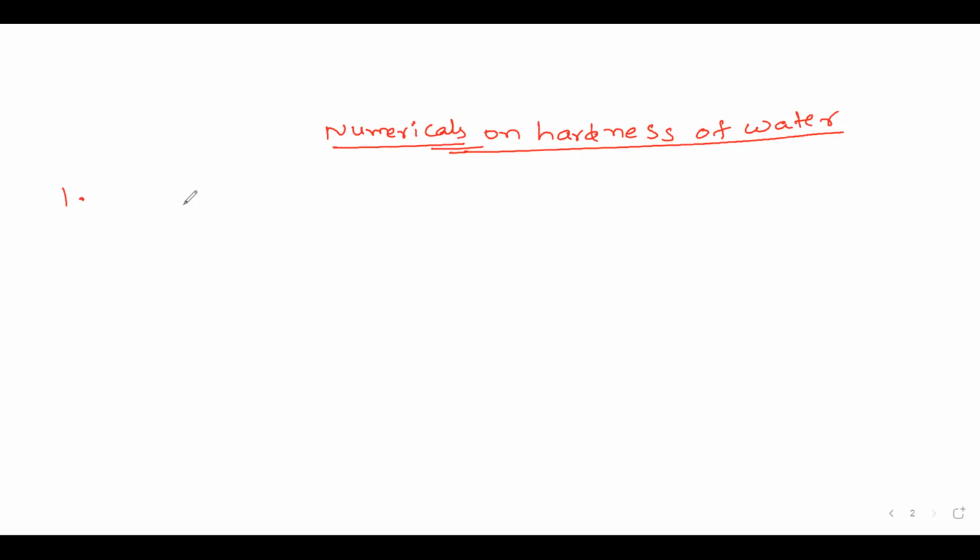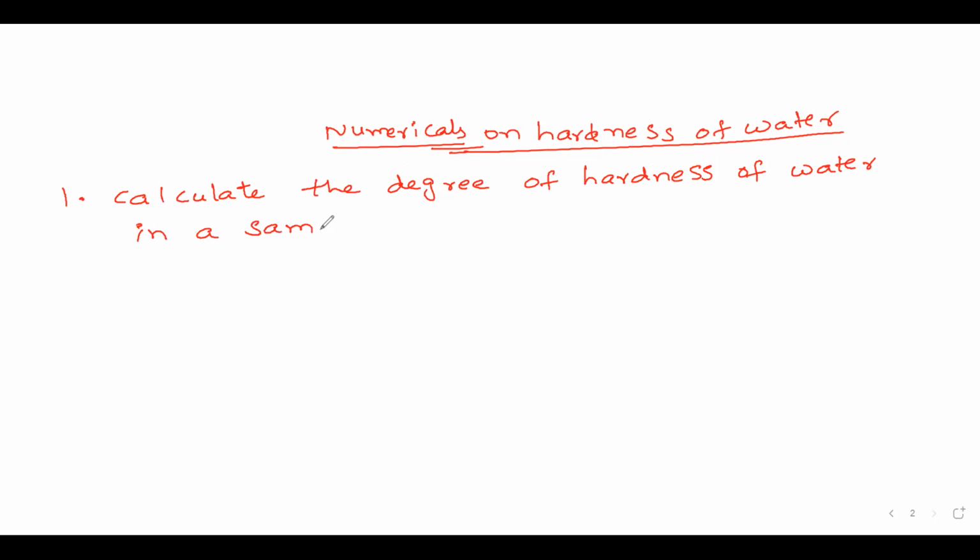Question number 1: calculate the degree of hardness of water in a sample containing 222 ppm, parts per million, of calcium chloride, CaCl2.